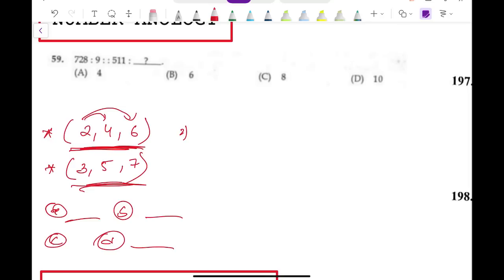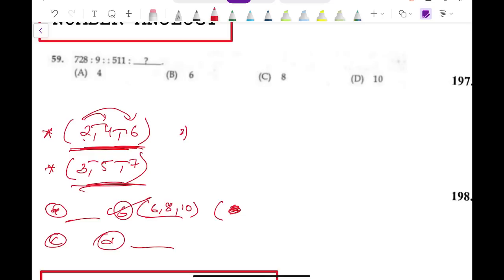In this case, I just formed the question, so it is easy for me. We can see plus 2, plus 2, plus 2, plus 2. That means your option should have, let's say option B was the correct answer, 6, 8, what, 10. So plus 2, plus 2, plus 2.